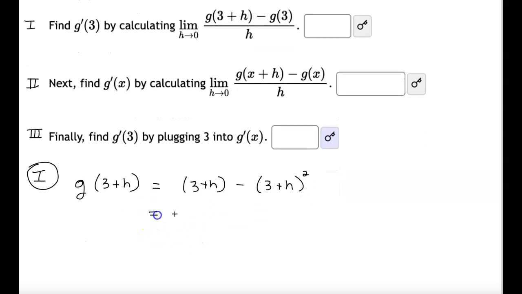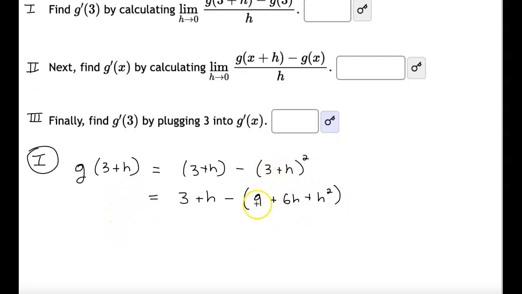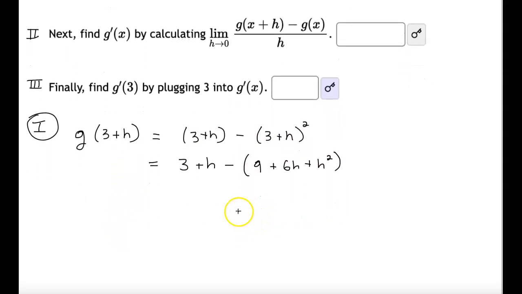And so what I'll do is just go ahead and simplify this a bunch. So we'll have 3 plus h minus, now don't forget that you're subtracting a whole quantity here, so let's keep it all in parentheses. 3 plus h squared is going to be 9 plus 6h plus h squared, when you multiply that out using FOIL or distribution, however you like to do it.